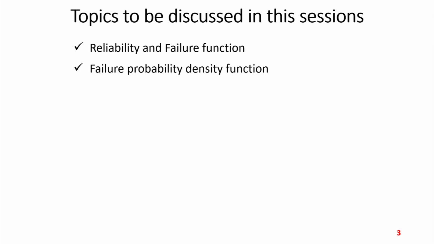Then we will discuss the failure probability density function and then failure or the hazard rate. We already introduced the first two topics, but we will still continue with the failure or the hazard rate. So, I will start again and write down whatever we discussed.